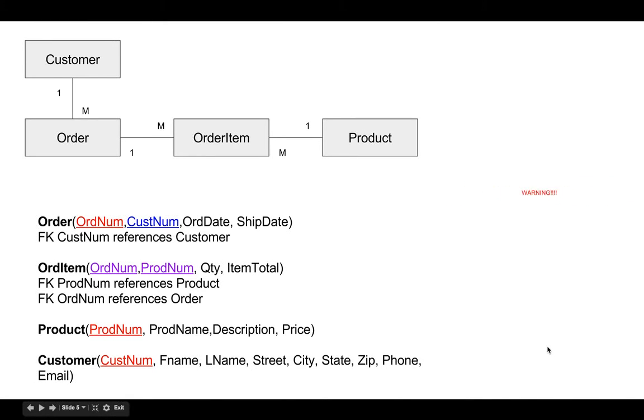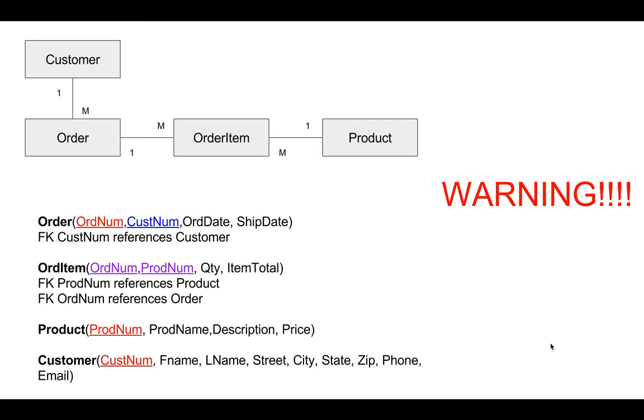Make this a big warning. Even though you do the diagram and you do these tables, it doesn't mean that a foreign key is actually enforcing or matching and making sure that it's working. Okay?